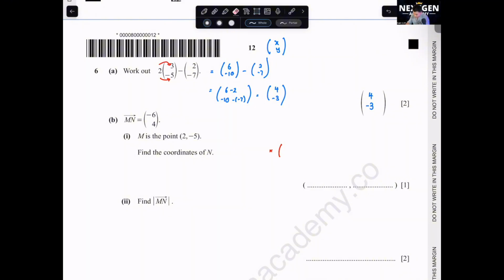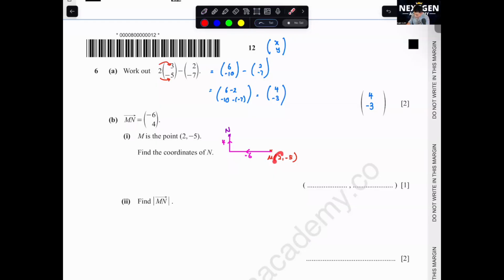Sorry, let me warm up my brain for a while first. M is equal to 2 negative 5. Okay, N, that means from M to N, it will go minus 6, 4. That is going to the left, minus 6, then going up, positive 4. Okay, understand this direction? So we want to find where exactly is N. Okay, how do we calculate it?